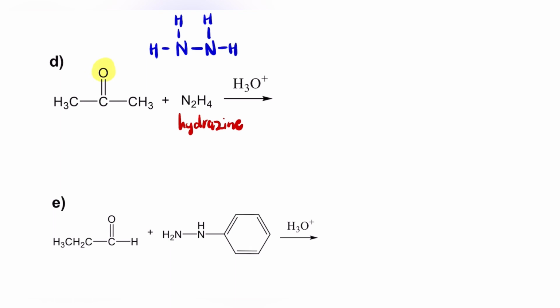Remember, we want to eliminate water, the O from carbonyl. And then for hydrogen, we have two choices from either one of the nitrogens. Just pick. So you pick from this side, and then you are going to condense the water. So the rest of it we will combine. So you will have carbon double bond, and then you have CH3 at the top, and this is our nitrogen, and this nitrogen is bonded to another nitrogen because this is first nitrogen, this is second.